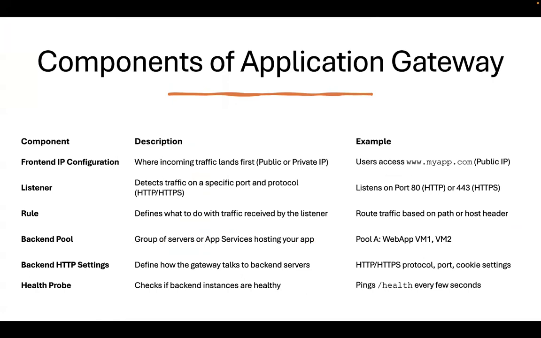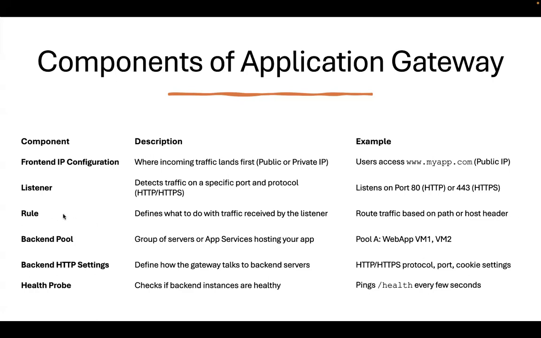So what are the components of application gateway? Front-end IP configuration is where incoming traffic lands first, a public or private IP. Users access here myapp.com, which is a public IP. The next component is the listener, which detects traffic on a specific port and protocol, for example port 80 and 443. A rule defines what to do with the traffic received by the listener, routing traffic based on path or host.